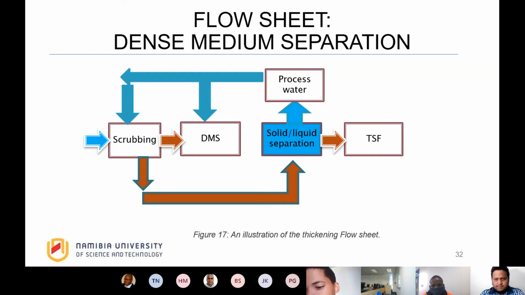So from the solid liquid separation, we recover water, which is now the process water, as we feed it back into the plant, especially the scrubbing and the DMS, because those are the two sections that mainly need water for processing. And our solids, we send to a tailings storage facility.